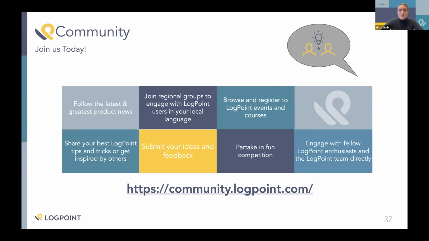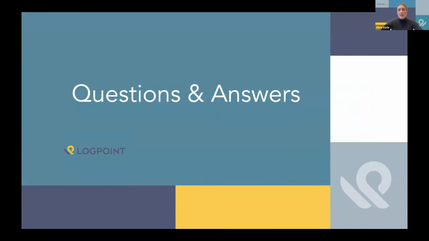So Jan, I know that there were a couple of questions that we needed to answer. The first is the licensing scheme. There is one seat free in LogPoint 7. If you need additional seats, there is a licensing scheme for that.